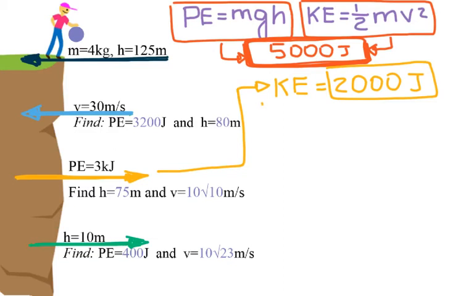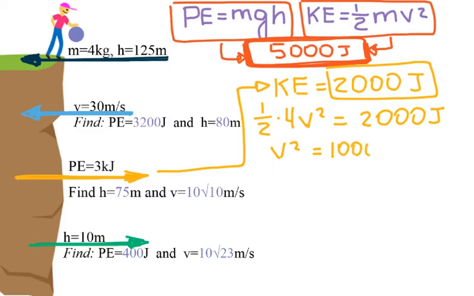My kinetic energy has a formula: 1/2 the mass, v squared, is equal to 2,000 joules. Then v squared is equal to 1,000, and if I take the square root of that, I'm going to get 10 square roots of 10 meters per second. That gives me the velocity at this height.